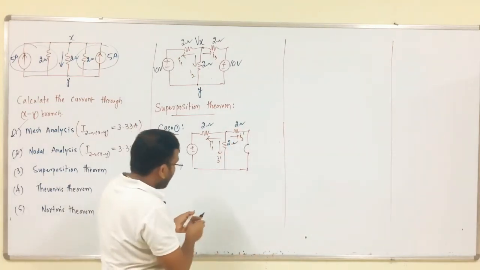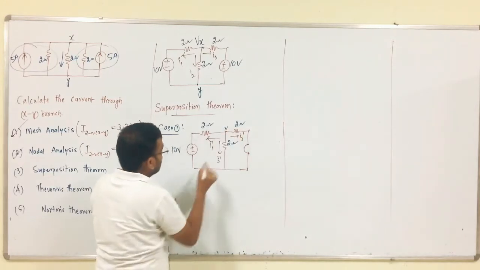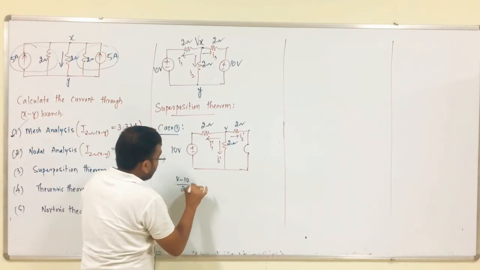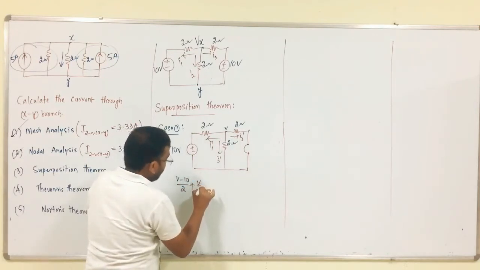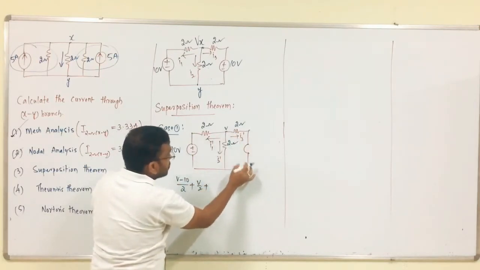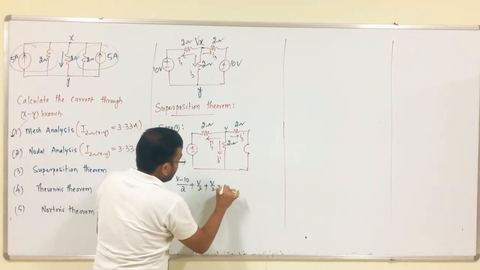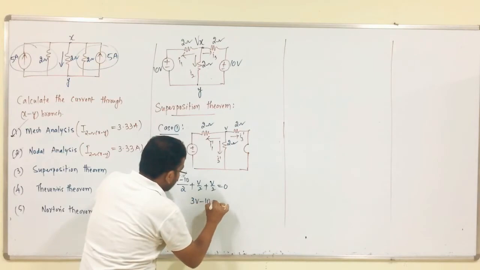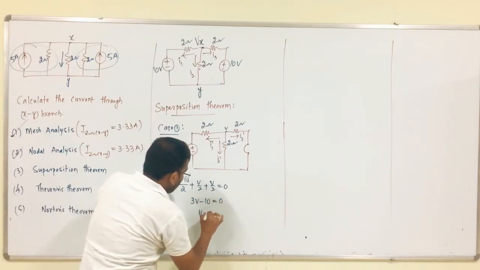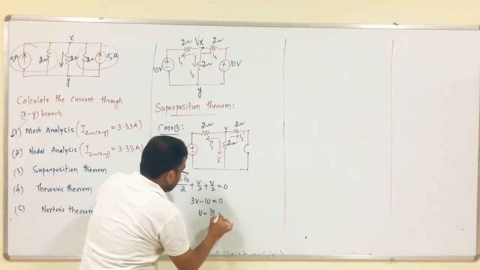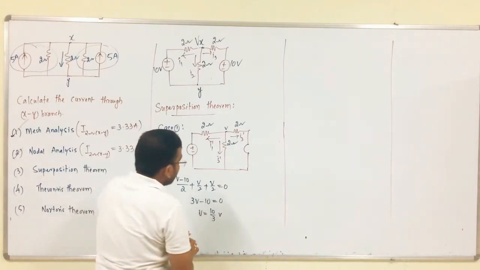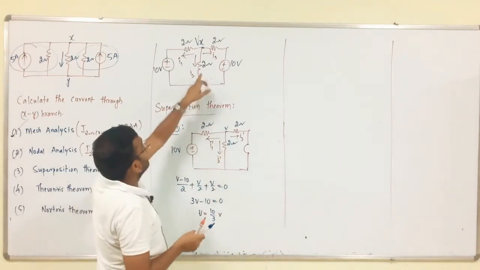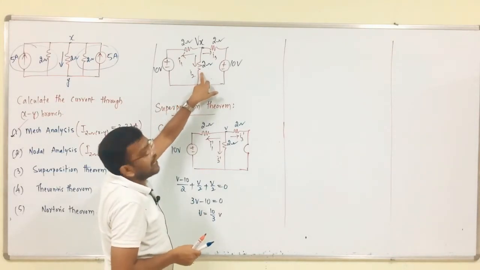By using nodal analysis, we get the current: V minus 10 by 2 plus V by 2 plus V minus 0 by 2 is equal to 0. From this, 3V minus 10 is equal to 0. V is equal to 10 by 3 volts. But we have to calculate the current through this branch only, because the examiner wants the current through this branch only.